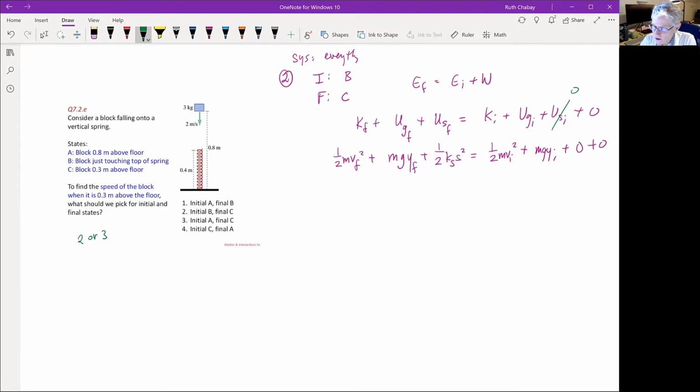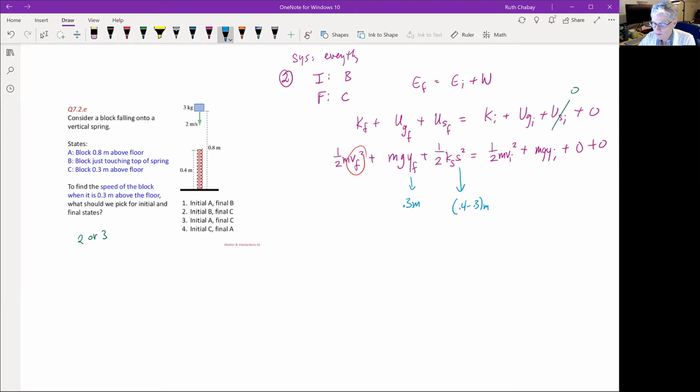And so our unknown is v final here. And we know these quantities. We know y final, that's 0.3 meters. We know the final stretch, so this is 0.4 minus 0.3 meters. We know the initial speed.